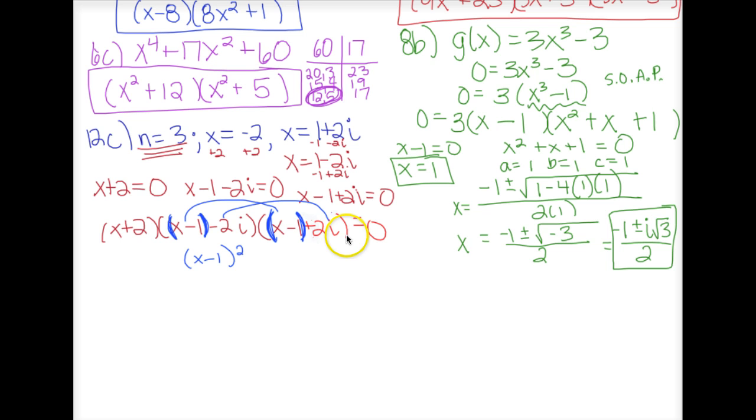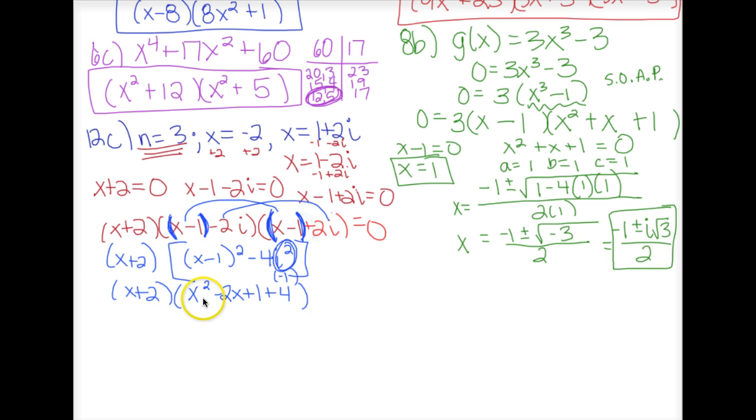Negative 2i times positive 2i is negative 4i squared. So this helps me because now I can square this out, which gives me x squared minus 2x plus 1. And then I know that i squared is the same thing as negative 1. So negative 4 times negative 1 is positive 4.